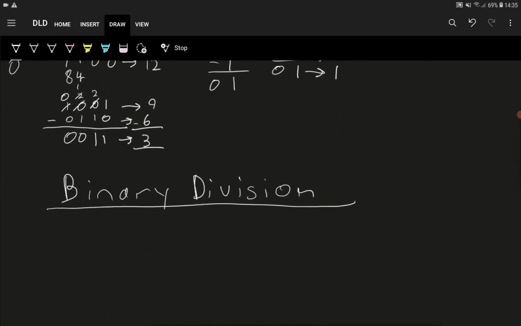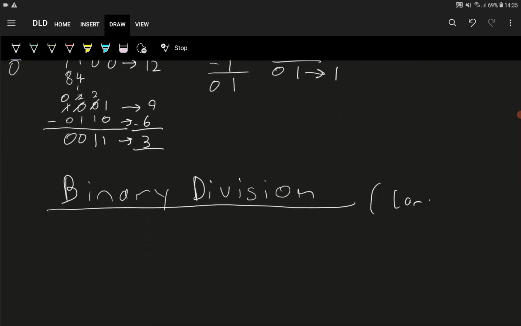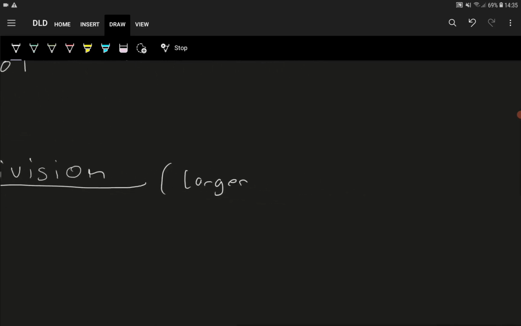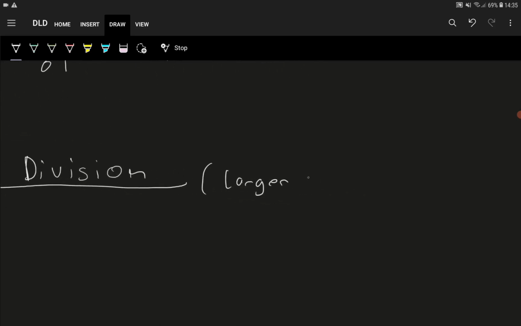The same thing goes for division. The method I'm going to tell you is for larger numbers divided by smaller numbers, where the answer is going to be a whole number.